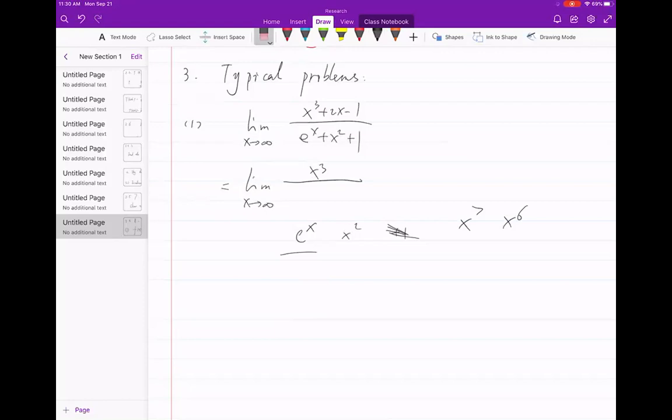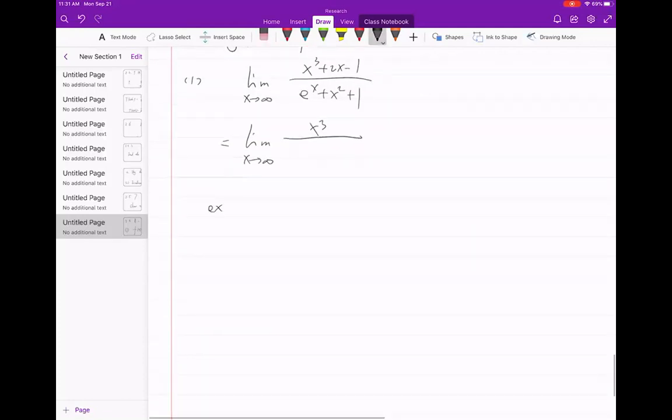Recall, what do you know about exponential? It's crazy, right? It grows really fast. So we did know this before. If you haven't, simply just memorize this. Exponential dominates.